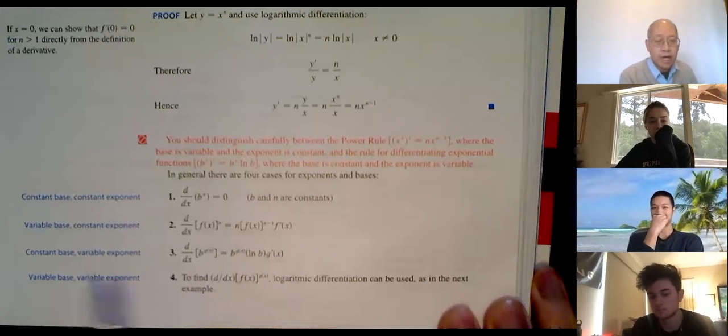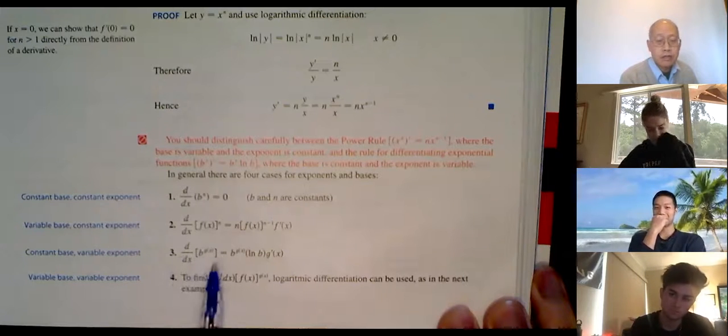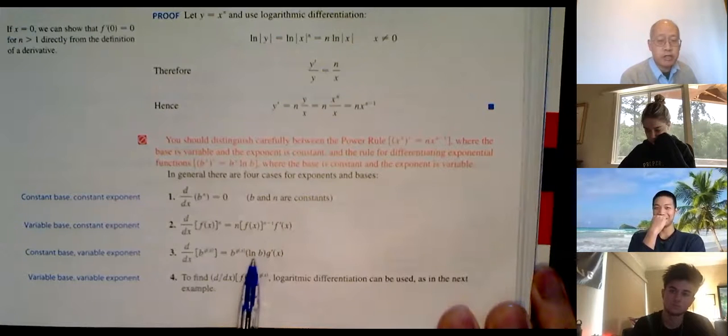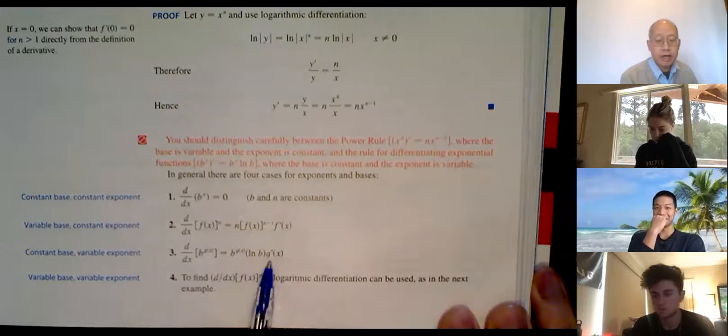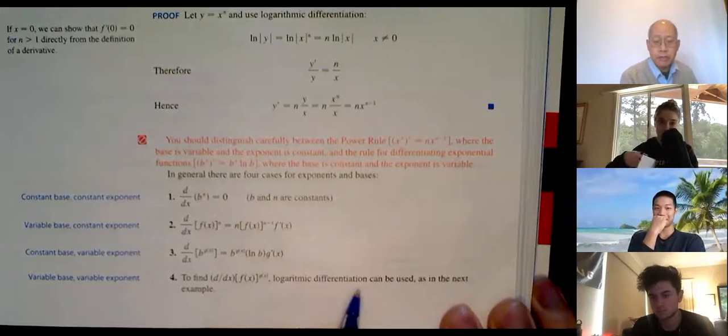Switch it around, you have a constant base but a variable exponent, like b to the g of x. The derivative is b to the g of x ln b for exponential functions, and then times g prime of x. But if you have a variable to a variable, f of x raised to the g of x, then you do this logarithmic differentiation stuff.